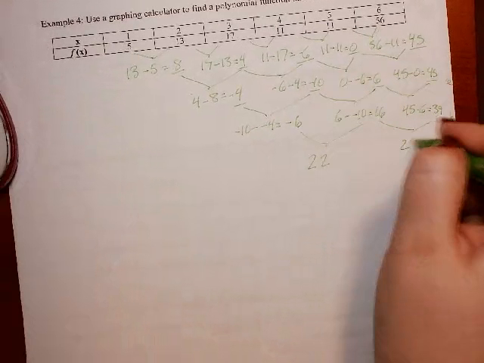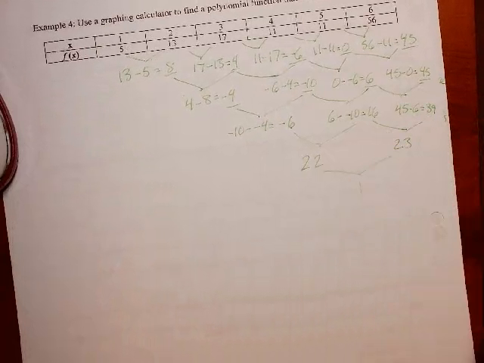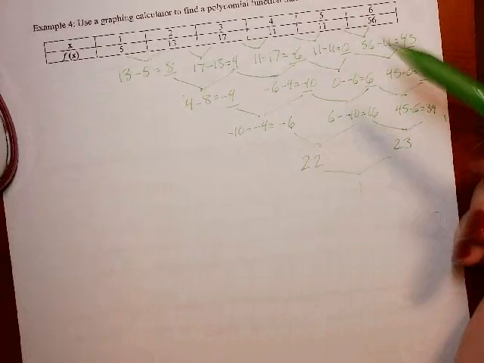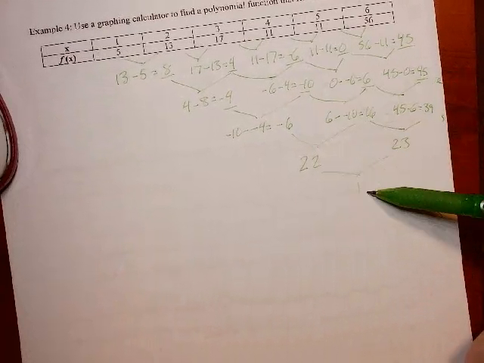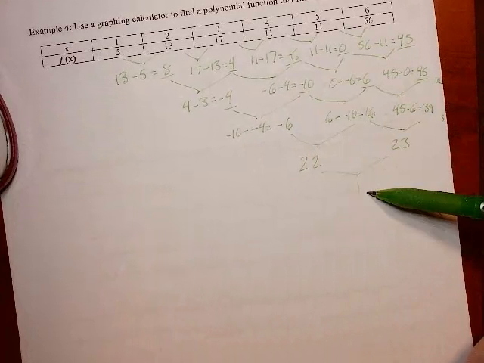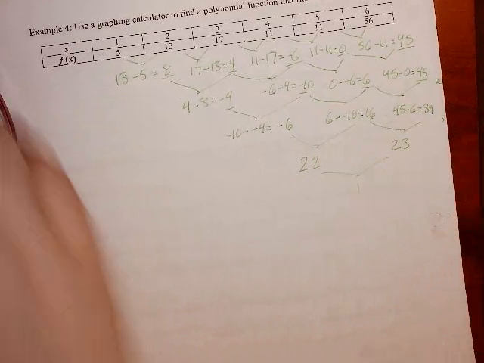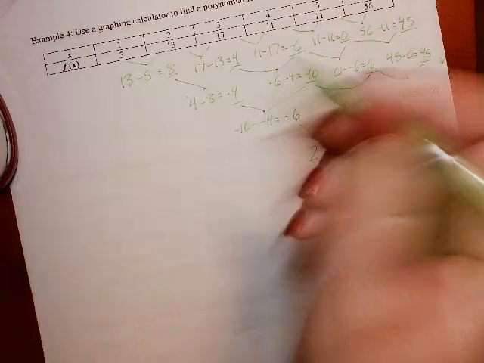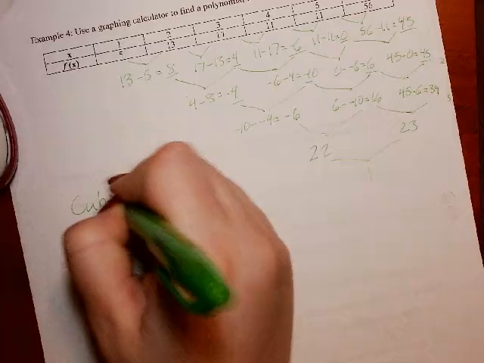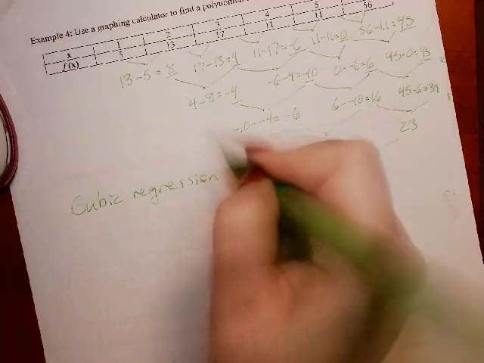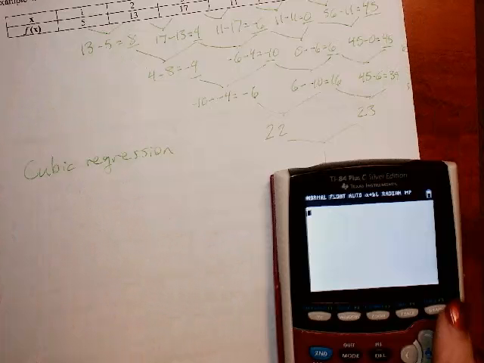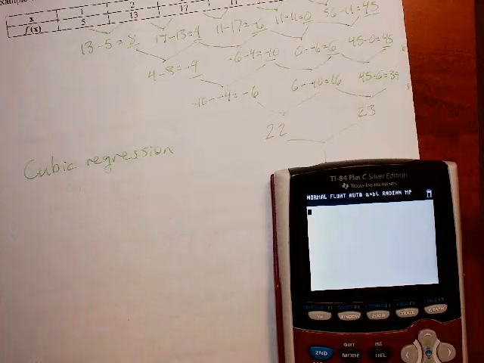So, five might be it, but we doubt it. So, in this case, we are going to use a cubic regression. And the reason that we're going to use that one is going to become clear in a minute here.